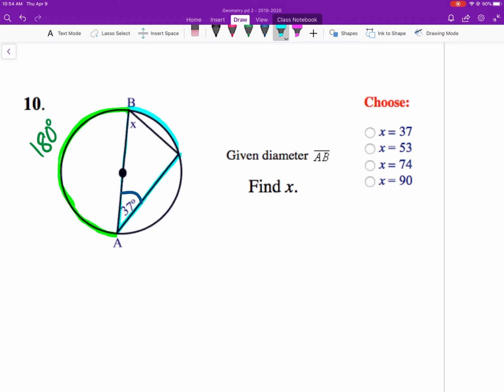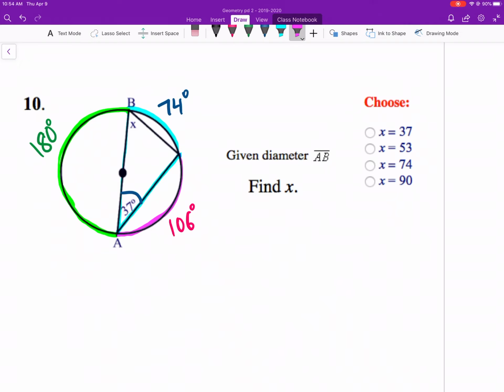So 37 times 2 will give us this 74 here. All right. So the remaining arc, so 74, and this right here, the other half of the circle, 74 and what makes 180? This would be 106.